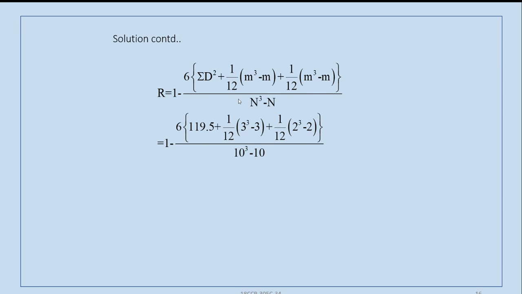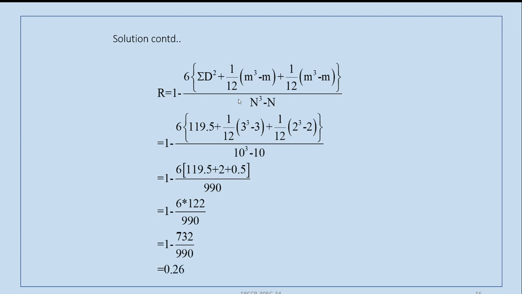That is 119.5 plus 2 plus 0.5, which is 122, divided by 990. So 1 minus 6 into 122 by 990, that is 1 minus 732 by 990.